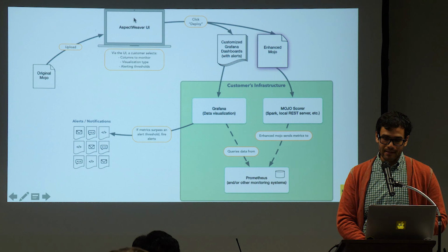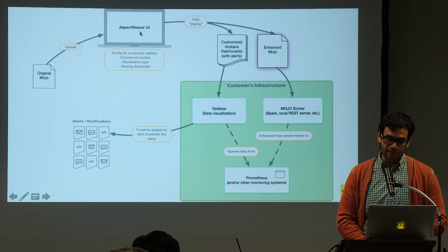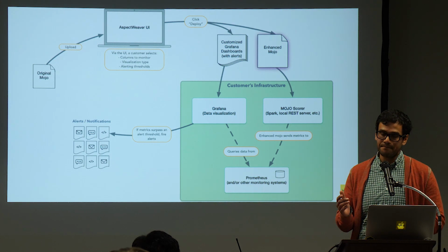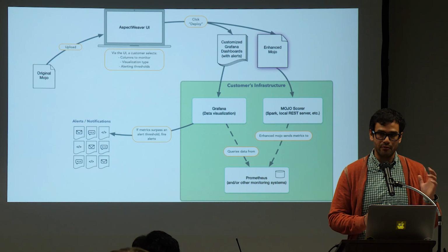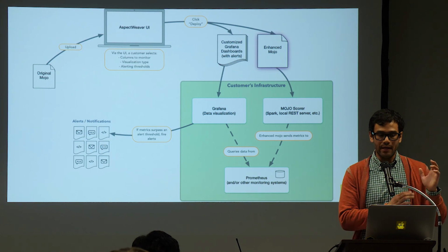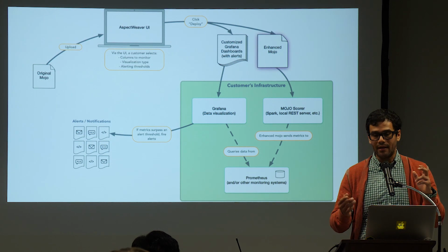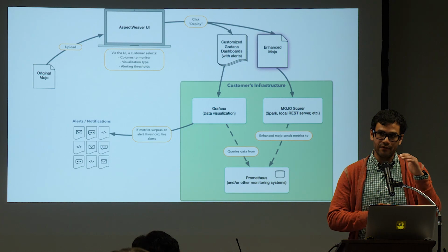This enhancement interface also generates dashboards for you with sensible defaults and recommended ranges, if you will. So maybe it'll tell you that during training there was a certain distribution of input data, and so we recommend that you monitor to see if there's any shift in this distribution.